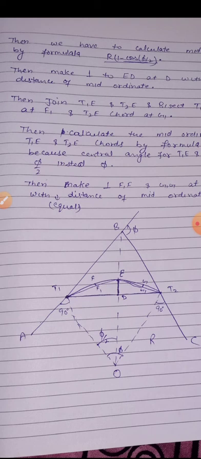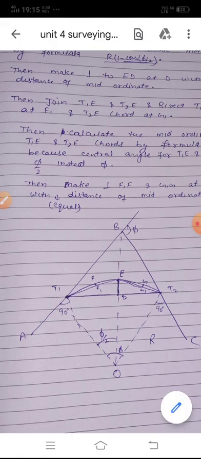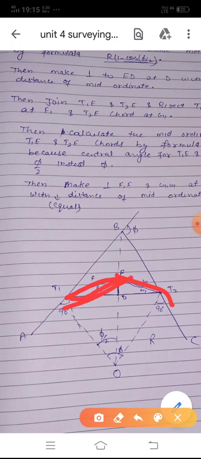T2E joined at G1. Means we have to make our E point from the mid ordinate, this point, and then we have to make our chords this and this. Then we go further, then we find this is our straight line.